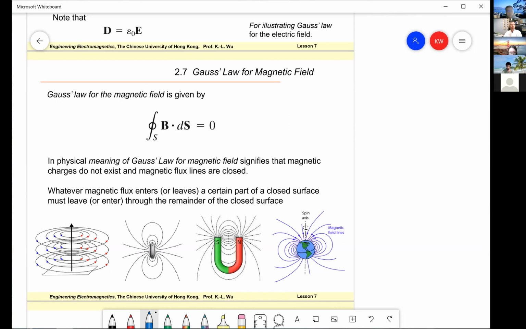When we collect the magnetic field over a closed surface, the experimental result tells us we get nothing. That means this net flux is always equal to 0.